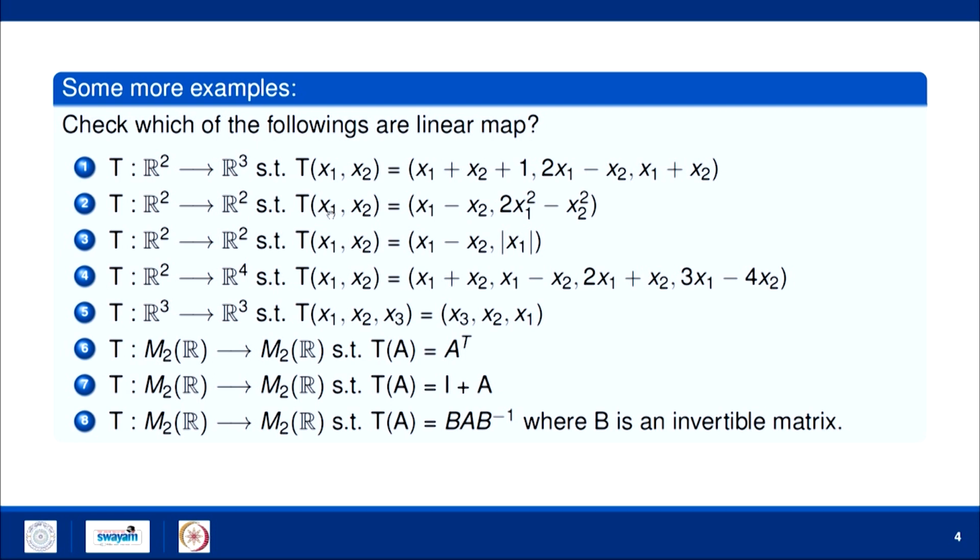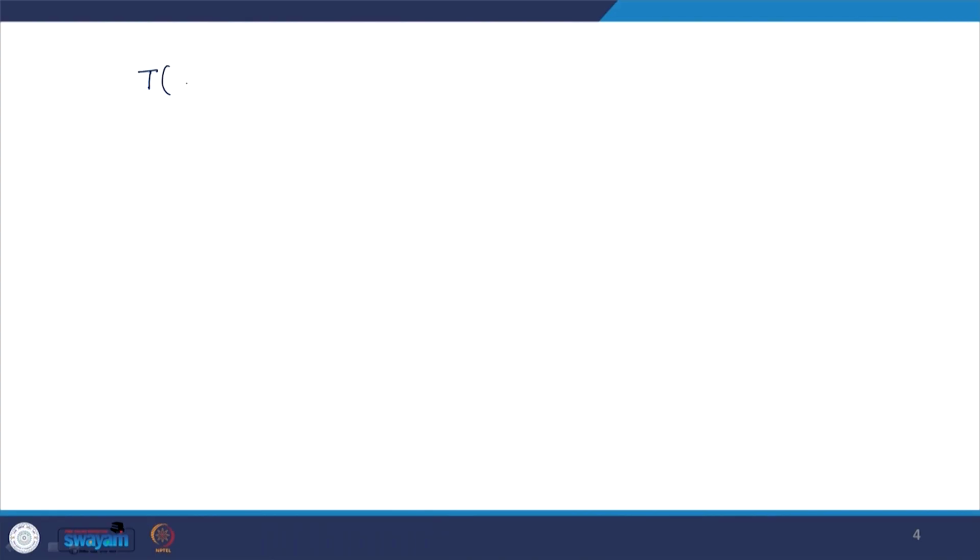If you take this one, T of x1 x2 equals x1 minus x2, x1 square minus x2 square, again it is not a linear transformation, because the additivity condition will fail here. To check it, I have T of x1 x2 going to x1 minus x2, x1 square minus x2 square.